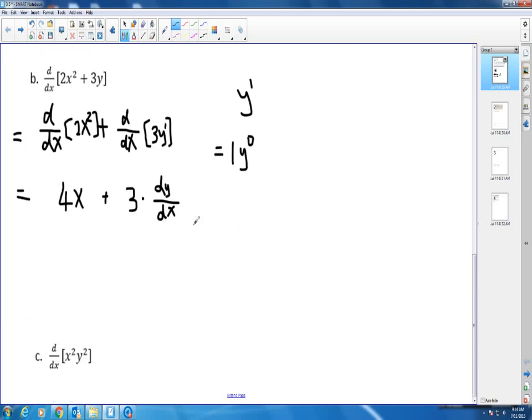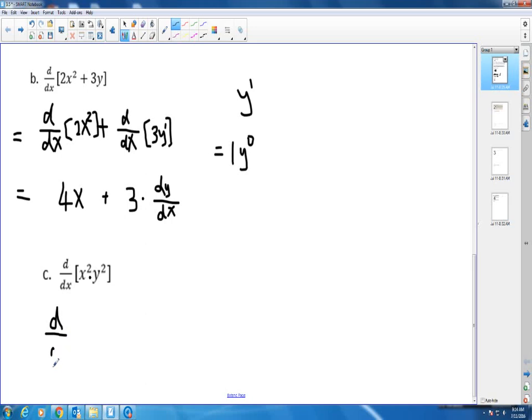Okay, implicit differentiation. Alright, let's use some product rule here. So I'm going to write it like this.